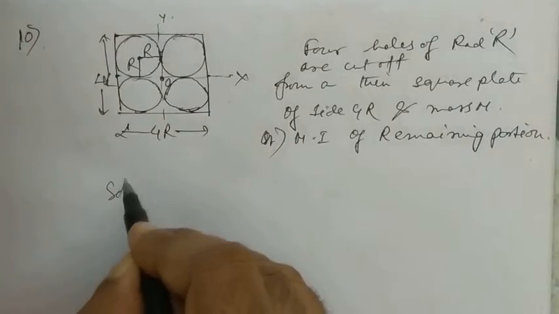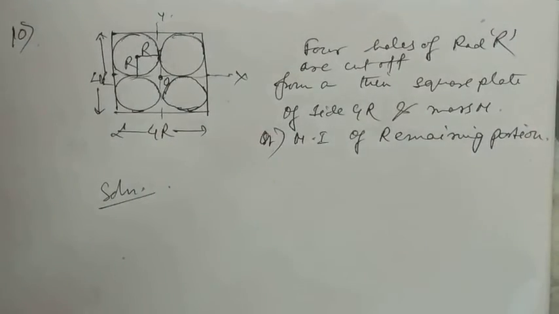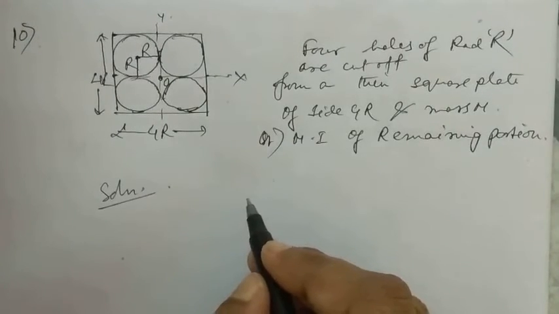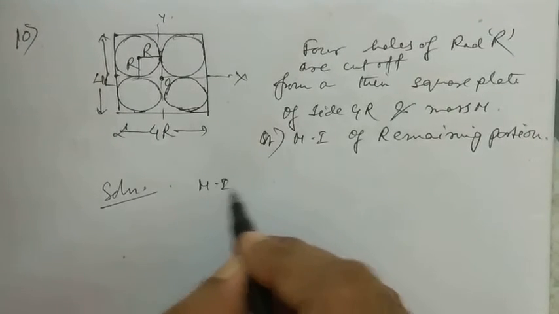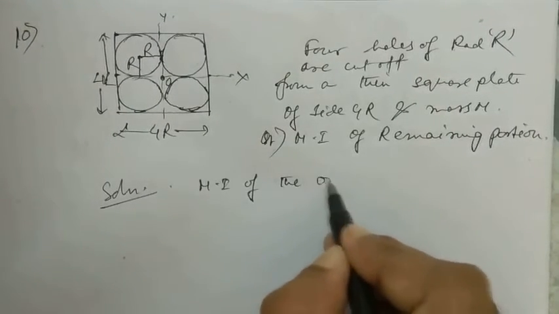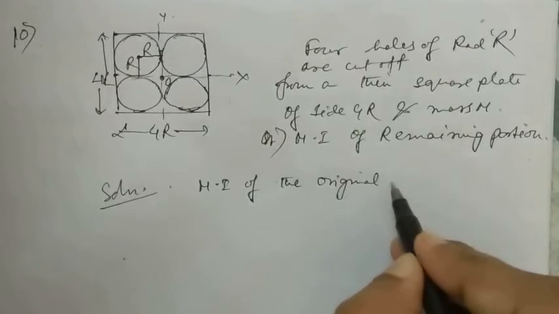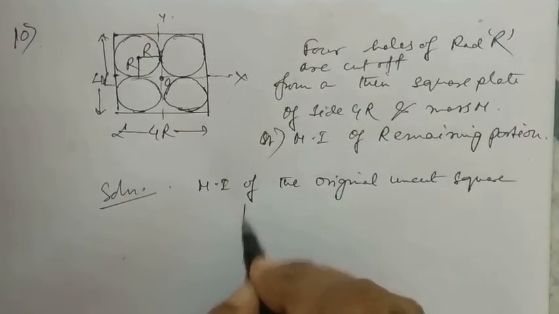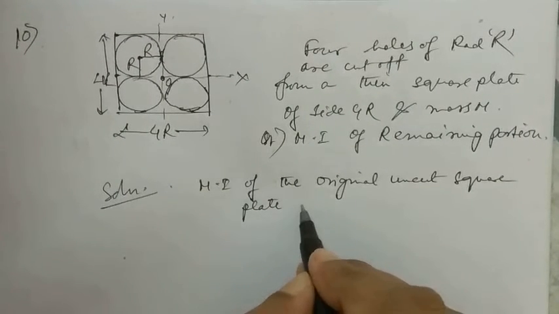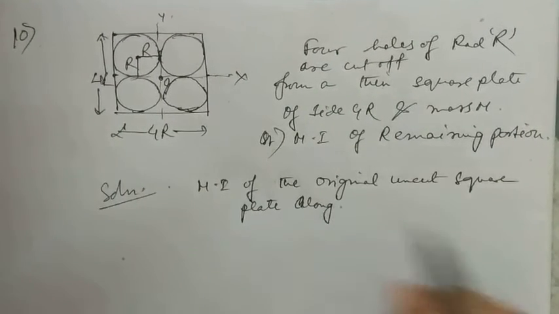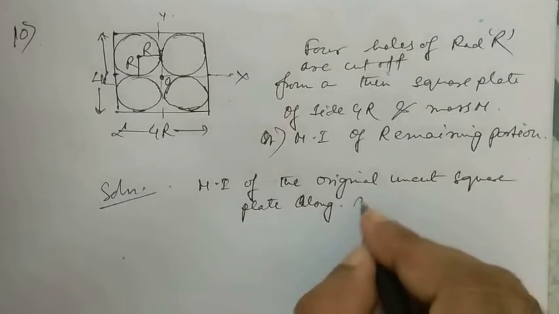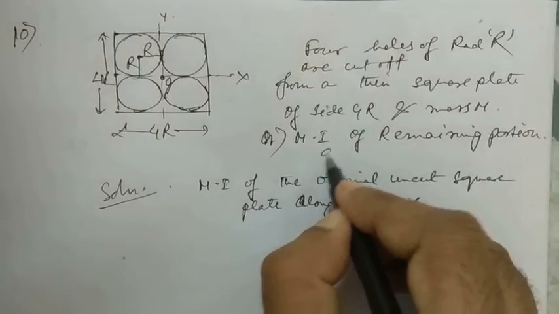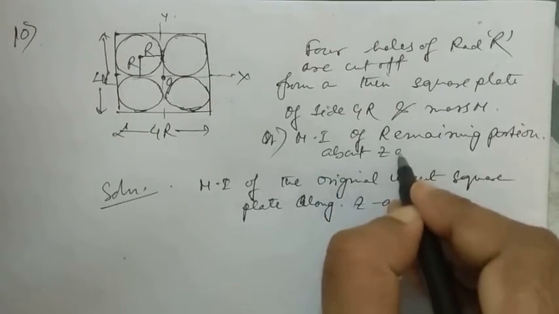So for the solution, we have to take one part at a time. First, take the moment of inertia of the original uncut square plate along the z-axis, and then the moment of inertia of the remaining portion about the z-axis.